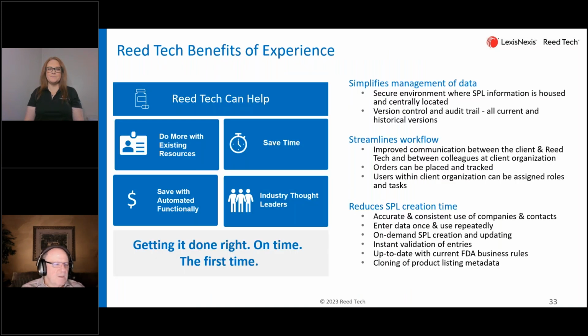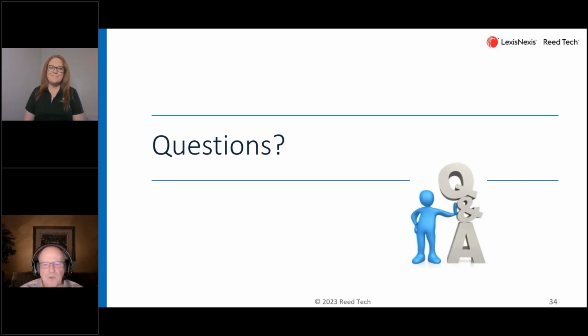The last slide here that I want to touch on would be probably for homework in the event that you are considering Reed Tech. We won't go into this, but there's a number of benefits that you could leverage: our expertise and the ability for you to save time and automate this process. With that, Erin, let me go back to you to see if any live questions had come in while we were going through these particular topics.